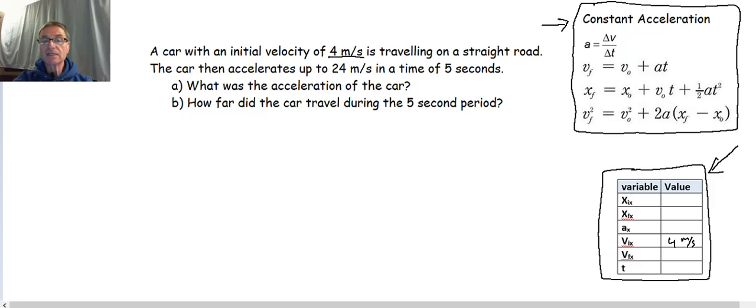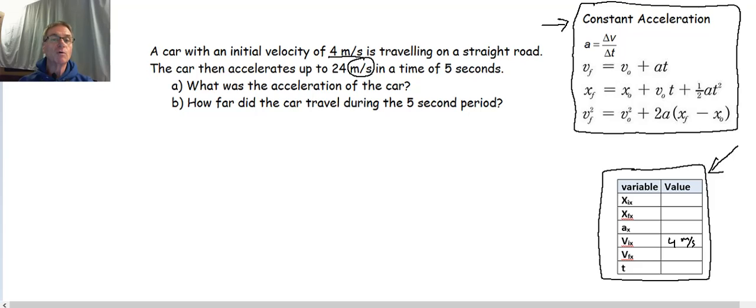Then it says the car accelerates up to 24 meters per second. Well, is this acceleration or is this velocity? If you're not sure about something in a word problem, take a look at the units. The units for velocity are meters per second, miles per hour, but it's some displacement per time period.